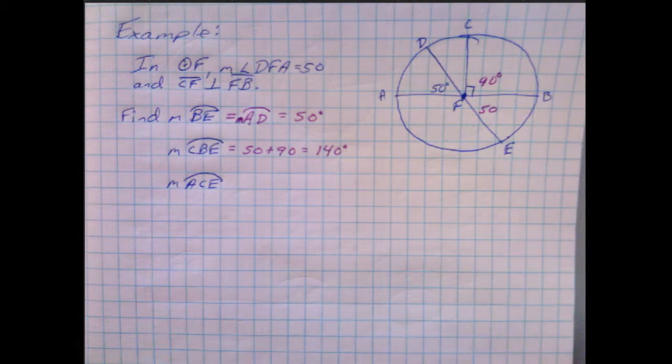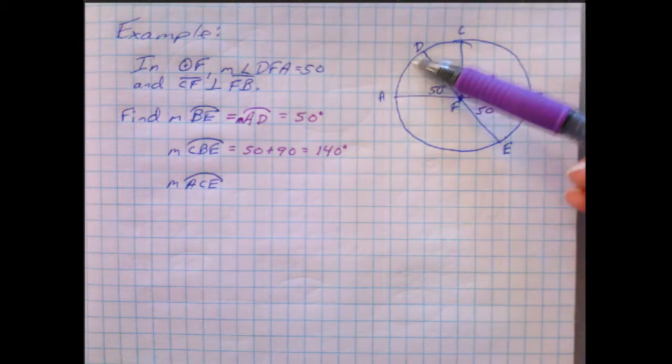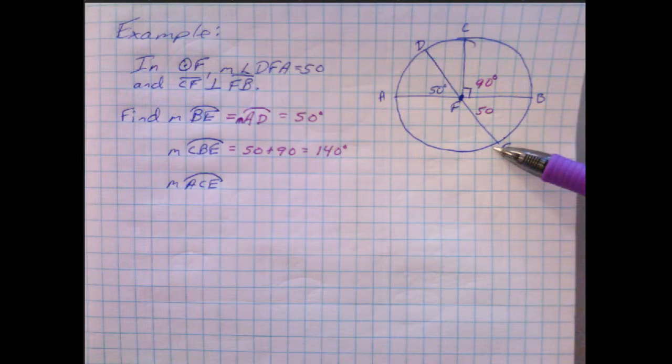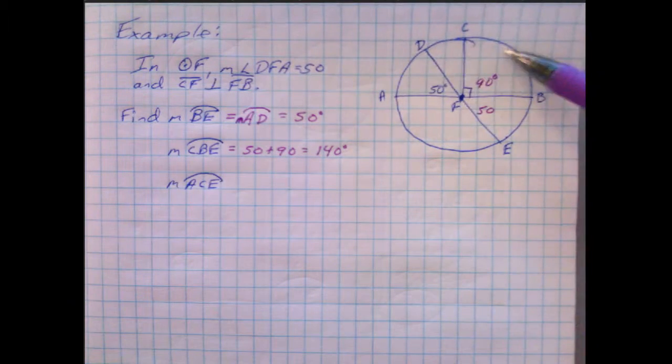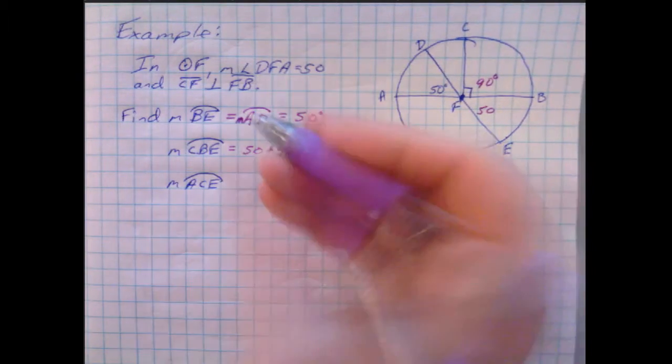Alright, so then the last one that we have is ACE. That's starting here. We've got A up here to C and then all the way around to E. So we're going to be adding some things together. You can do this several different ways. You can take each angle individually, but I know AB is a semicircle.